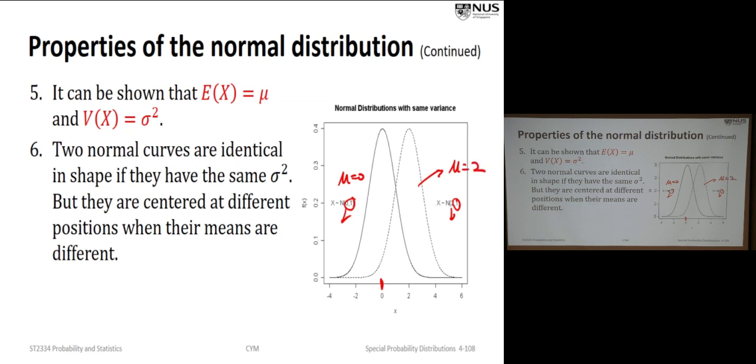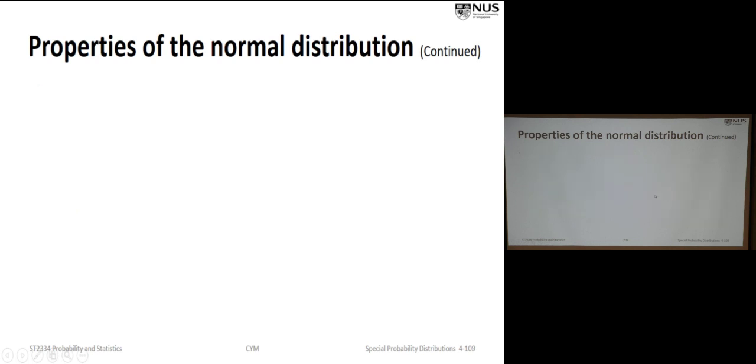So you can see that they are the same shape, except that the center is different. One is centered at 0, the other is centered at 2, because the expectation of the first one is 0, while the expectation of the second one is 2. So now you can see that mu is basically the location parameter. It tells you where the center of the distribution is, while sigma tells you the shape or scale of the distribution.